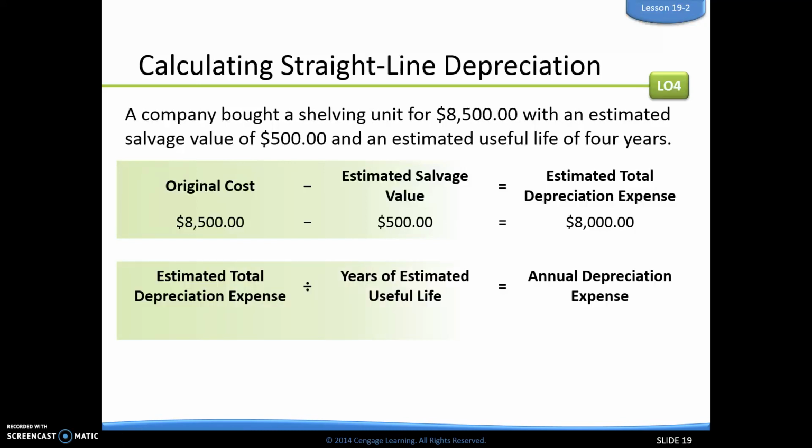So again, then we take our estimated depreciation expense, which is $8,000, divide it by the number of useful years we're going to have with it, which is 4, and we end up with annual depreciation expense of $2,000. So every year we're going to expense $2,000 for our shelving unit because that's how much total depreciation expense we think that it is going to have.